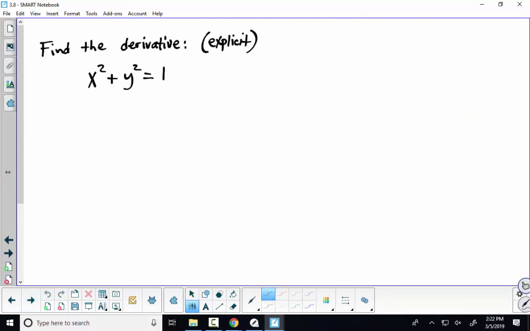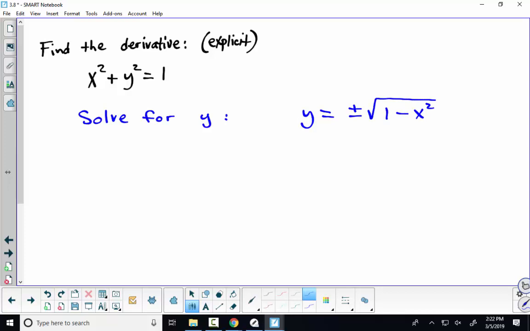So, find the derivative of x squared plus y squared equals 1. We'll find that explicitly. Just like in that previous page, we first solve for y, and come up with the fact that y is the positive and the negative square root of 1 minus x squared.